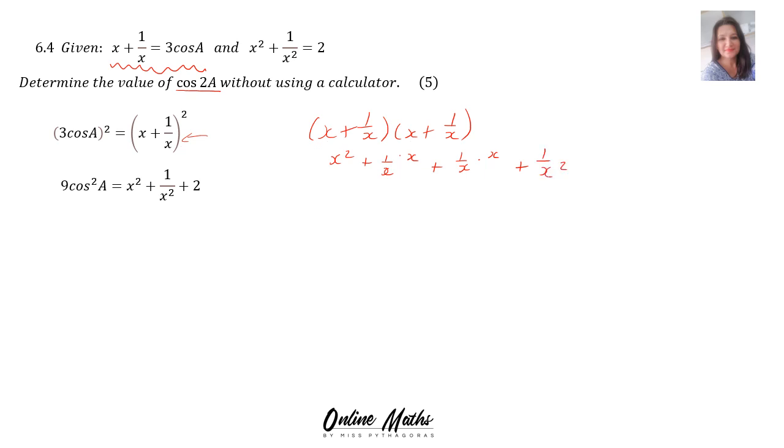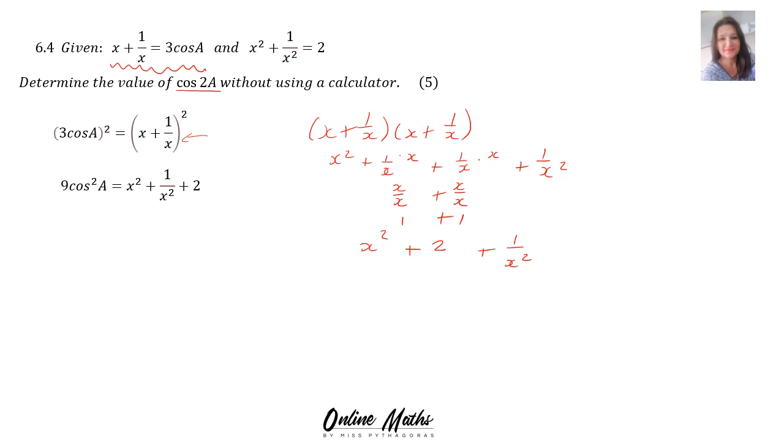Let me show you what happened on the middle term. It was x over x plus x over x, which is 1 plus 1, which is 2. So this whole thing is x squared plus 2 plus 1 over x squared. I wrote it there for you.